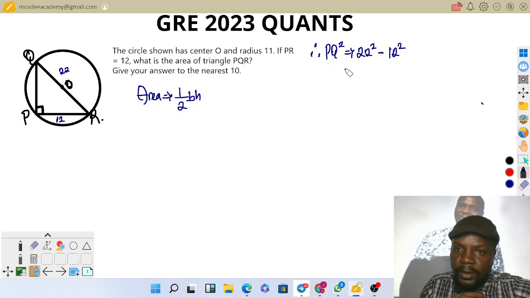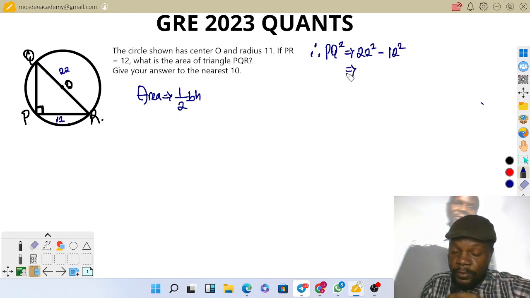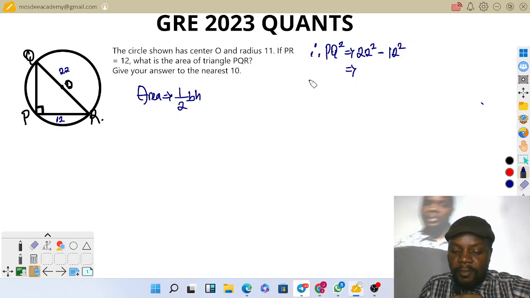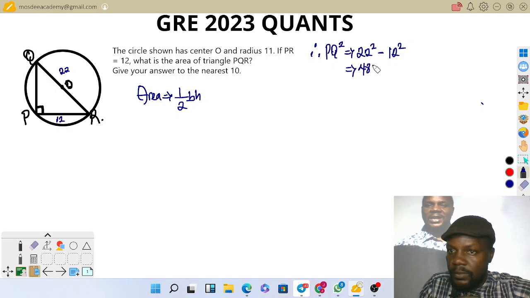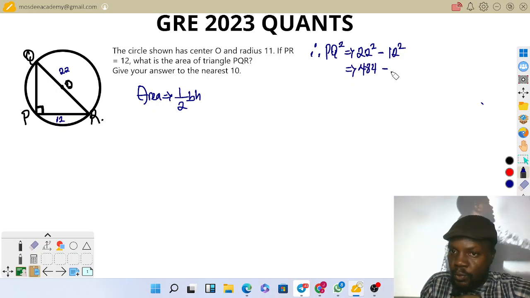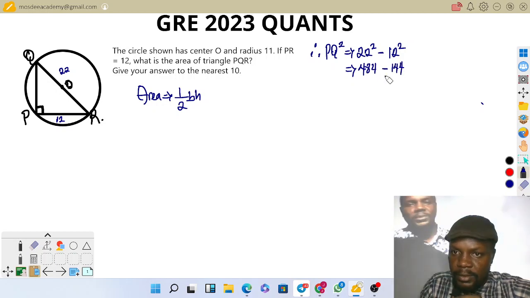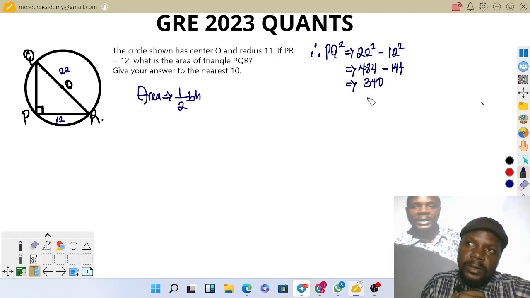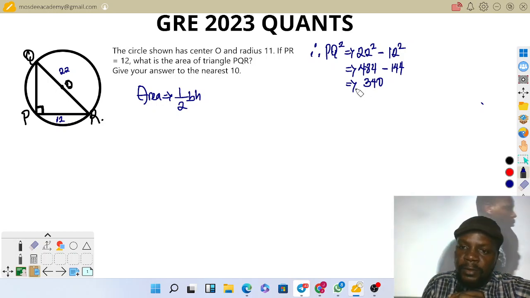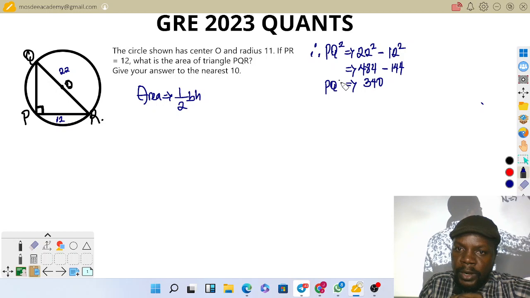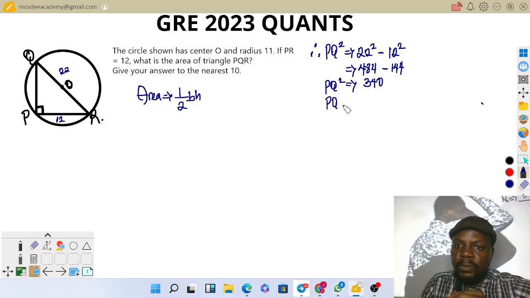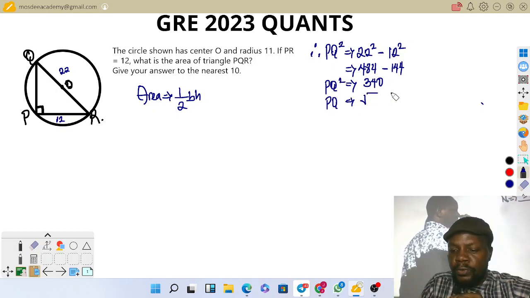Then 22 square from your calculator, 20 square is 400, 22 square will be 484. Minus 12 square is 144. If we subtract these from each other, this should be 340. So PQ will be equal to square root of 340.